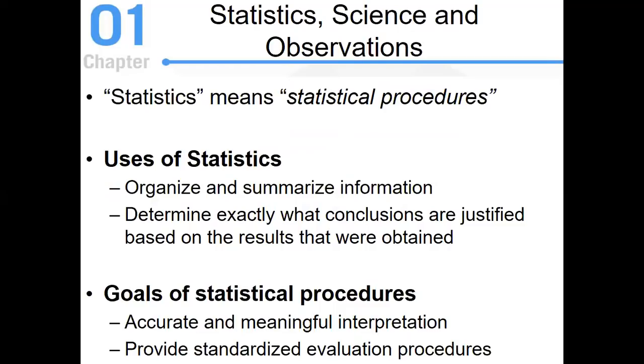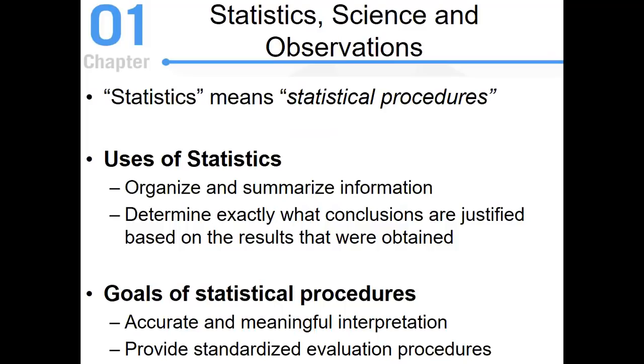Okay, so statistics simply refers to statistical procedures. And again, it's just a set of mathematical steps for organizing, summarizing, and interpreting information. Statistics allows us to determine what kinds of conclusions are justified based on the results and the data that we collected.